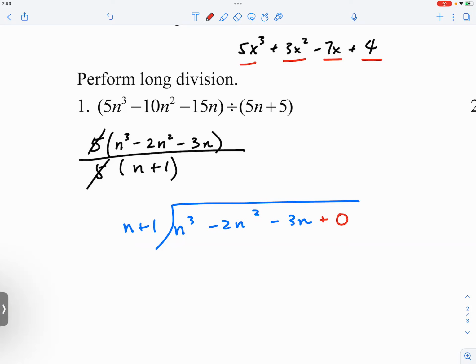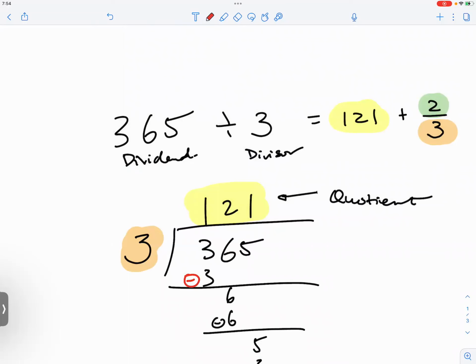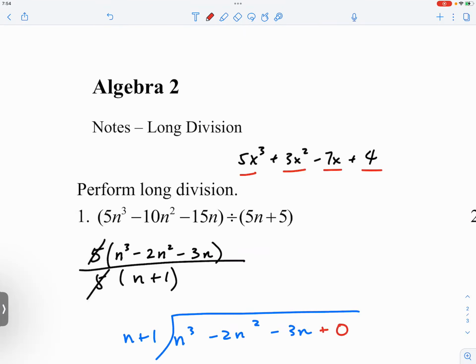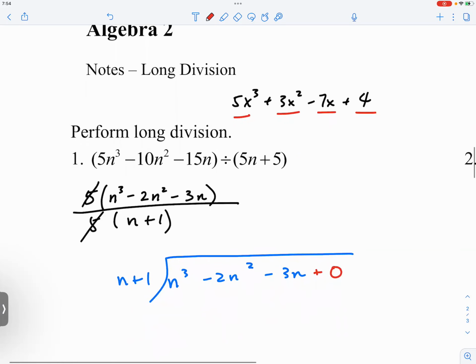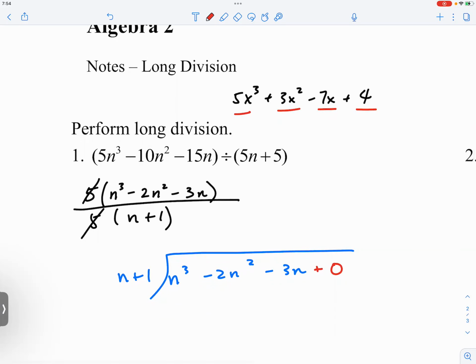What this does is that we are doing this long division problem as if, in this case, a 4-digit number were being divided by a 2-digit number. And our thought process is exactly the same as what we did over here. Now think about how we get the first one. We try to get the 3 canceled out, right? Yes. Well, because for a polynomial, it's always x to the highest power, and it goes in descending order.